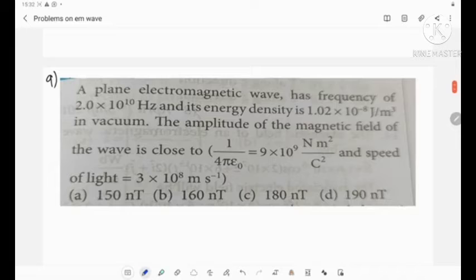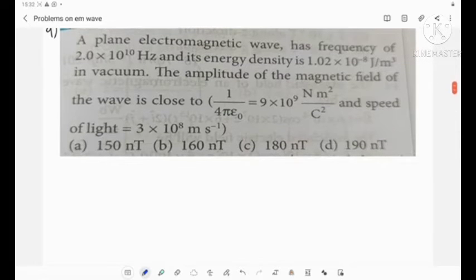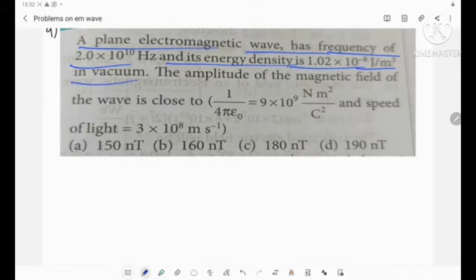Next, problem number 9. A plane electromagnetic wave has frequency of 2 into 10 to the power of 10 Hz. Its energy density is 1.02 into 10 to the power of minus 8 joule per meter cube in vacuum. The amplitude of the magnetic field of the wave is close to.